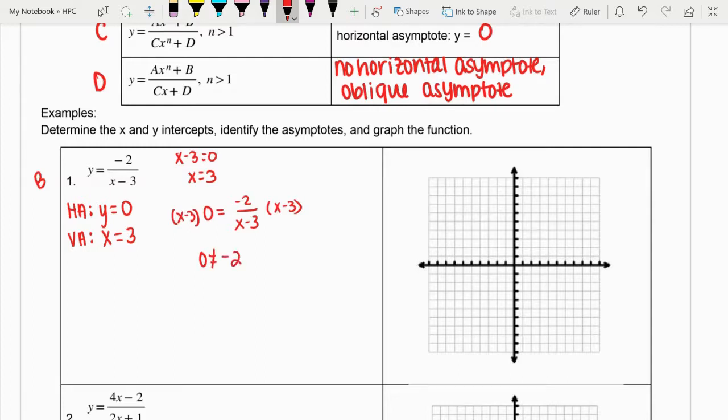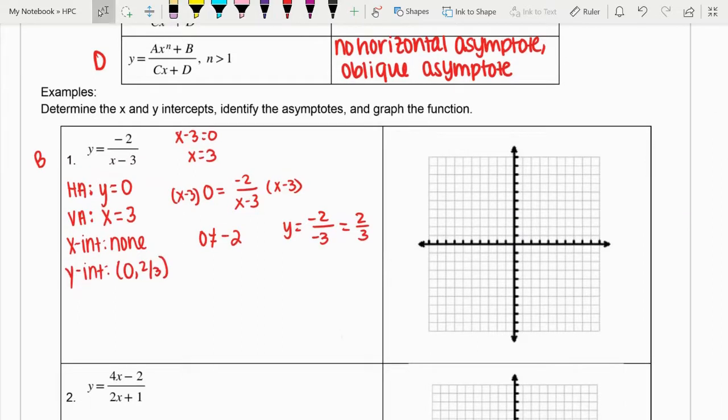That is not true, so there are no x-intercepts. Then I can go ahead and find my y-intercept. So I'm going to set x equal to 0. So I would have y is equal to -2 over 0 minus 3. So y is equal to 2/3. So it's going to be 0, 2 over 3.